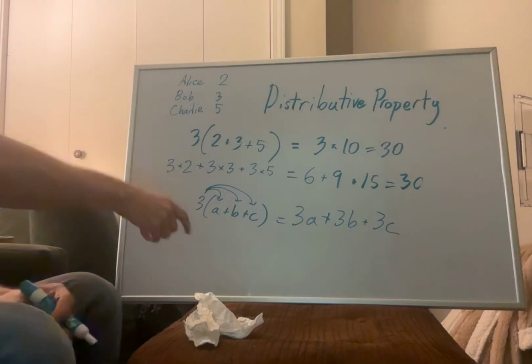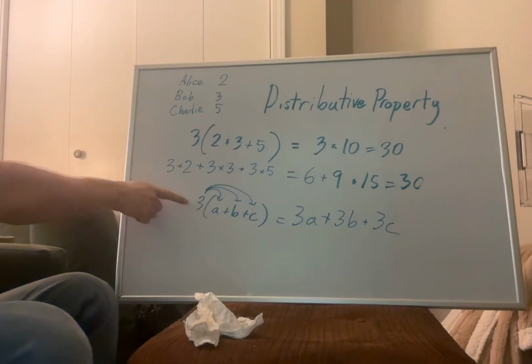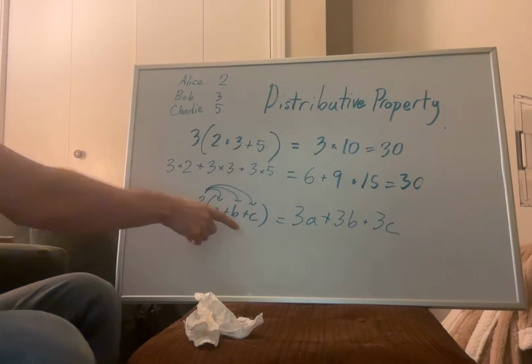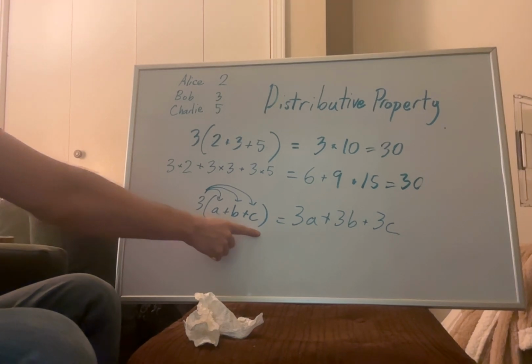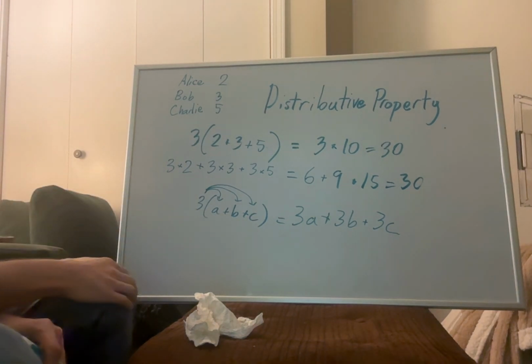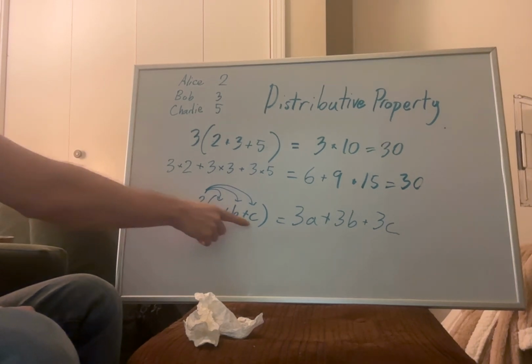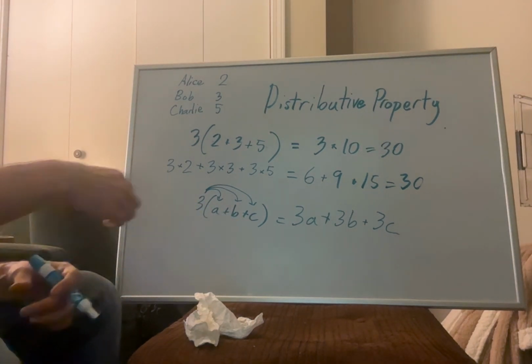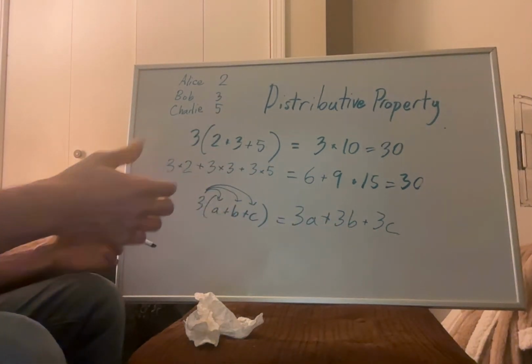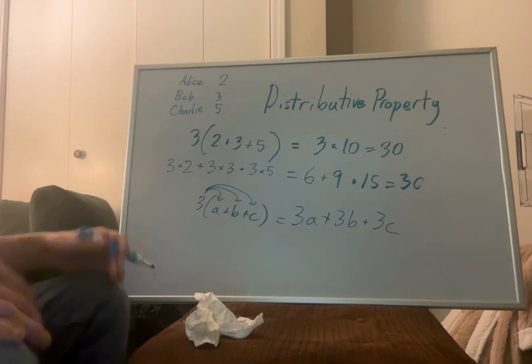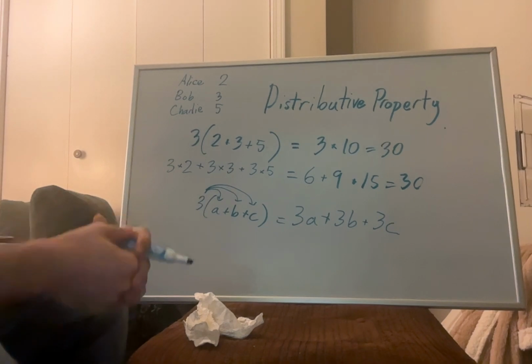So this is what we call the distributive property, where basically if you ever have a number multiplied by something inside parentheses, you can distribute the number by multiplying it by each individual term inside the parentheses. And notice here we've removed the parentheses at this point. We have carried out the operation.